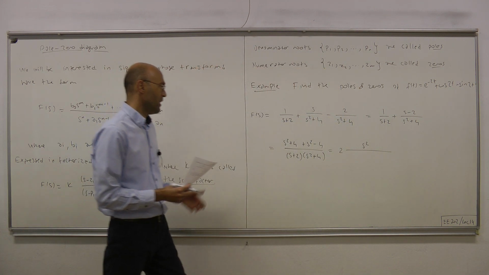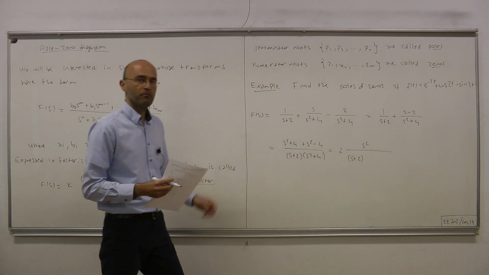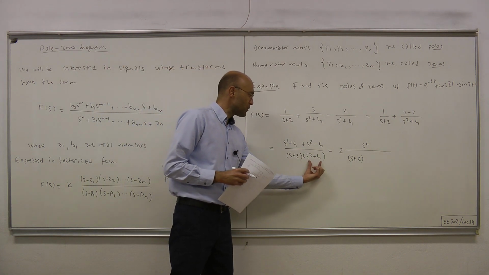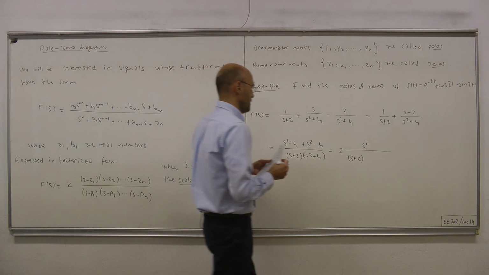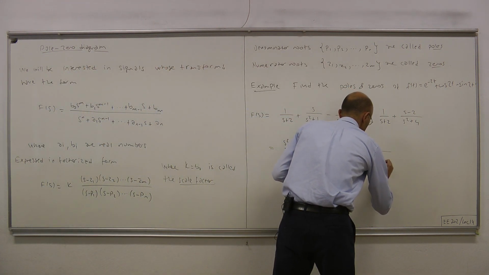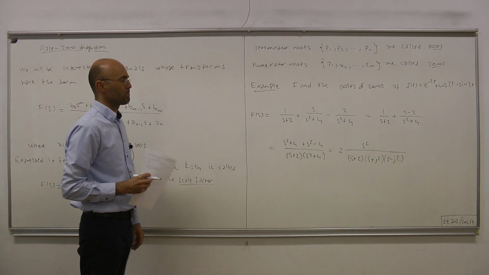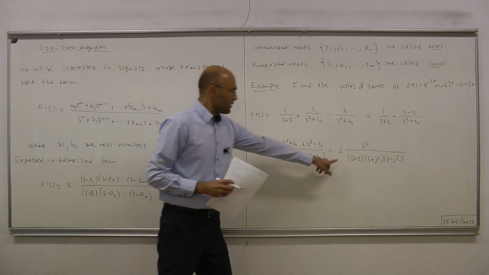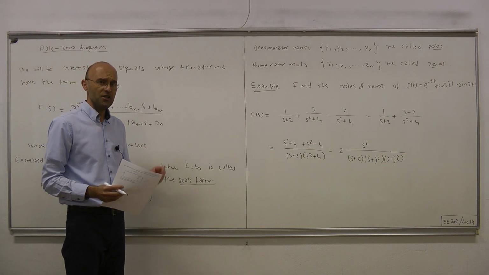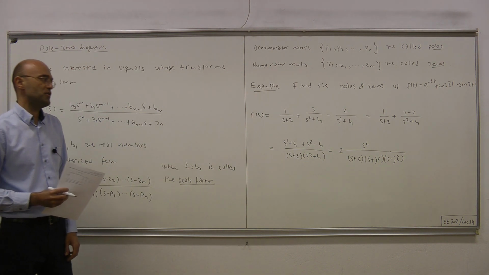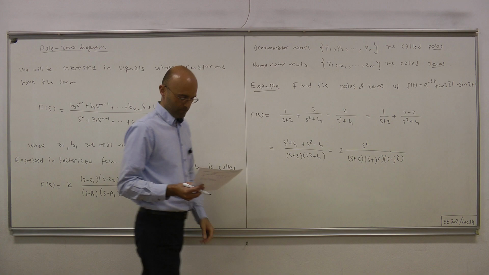As for the denominator, we have s plus 2, it's already in first order term form, and then this second order term we have to express as the product of two first order terms, and that's easy because it's simply (s plus j2) times (s minus j2). So this is now in factorized form, therefore we can easily spot all the poles and zeros of F of s, or equivalently all the poles and zeros of f of t.